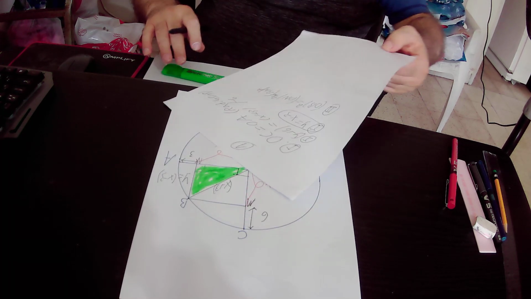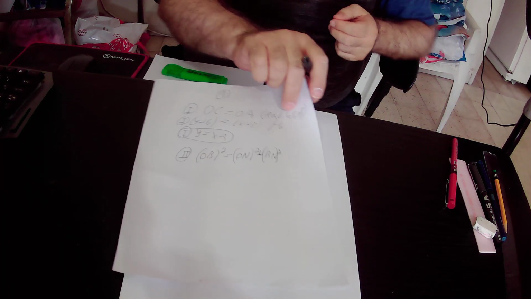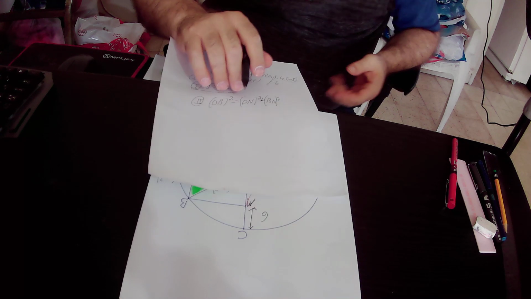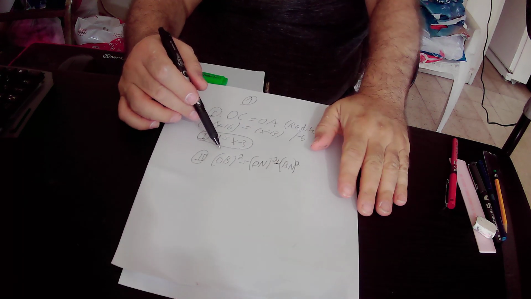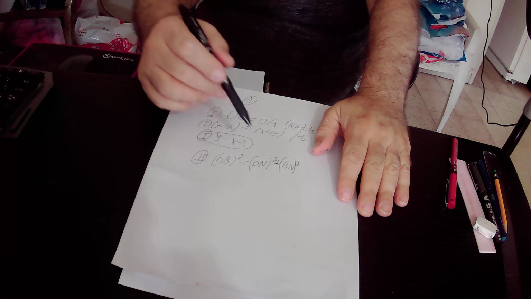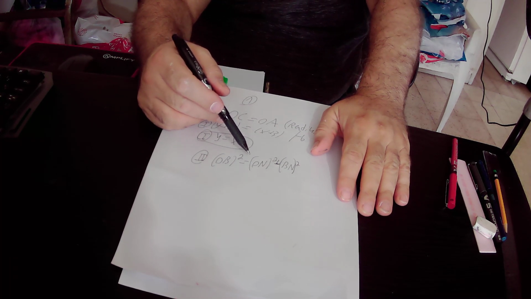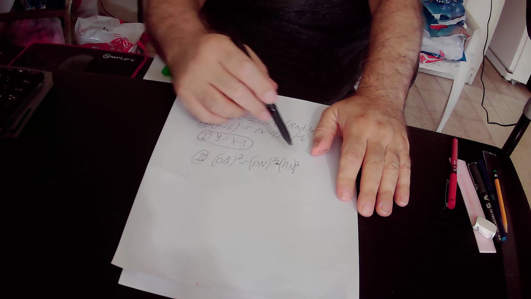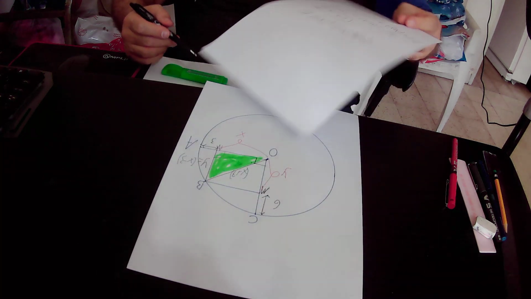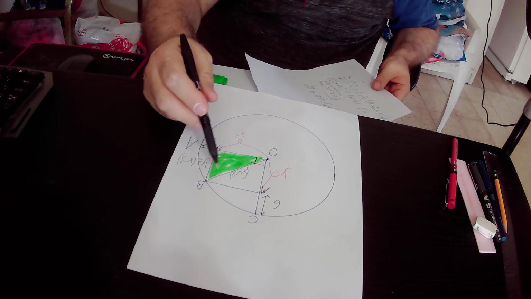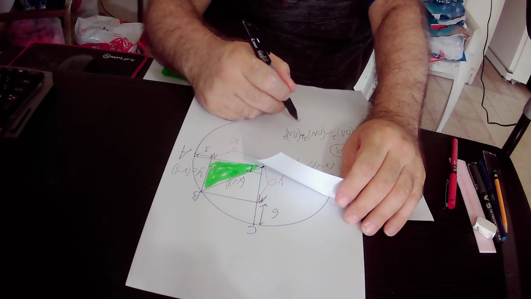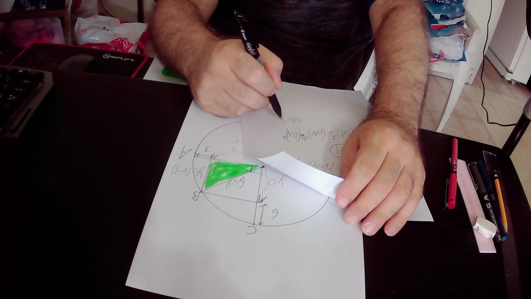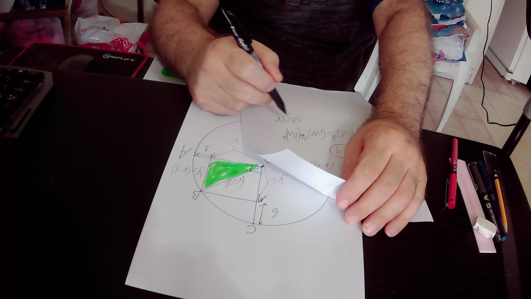Okay, again, according to the Pythagorean theorem, in the right triangle ONB, the square of the hypotenuse OB square equals the sum of the squares of the perpendiculars, equals ON square plus BN square. But we know that OB equals x plus 3. So we can substitute OB in the second equation by x plus 3.